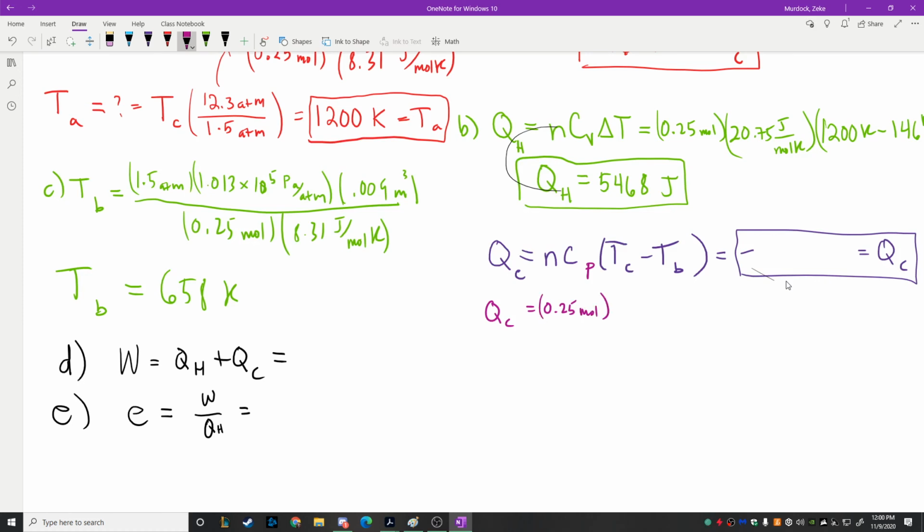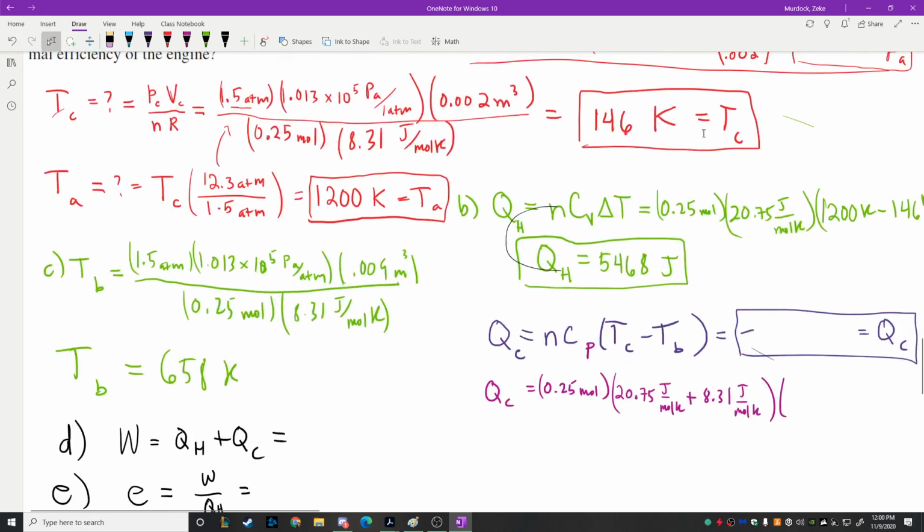CP is going to be CV plus R, so CV, that's going to be 20.75 plus 8.31. And then times TC minus TB. So TC is 146 minus 658.